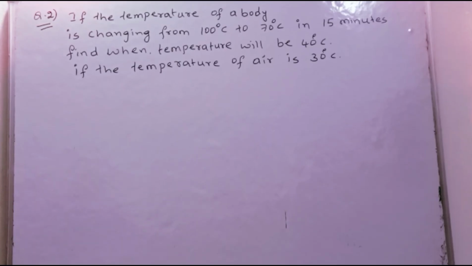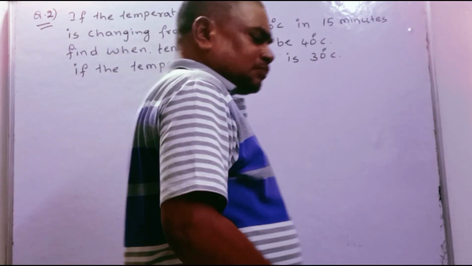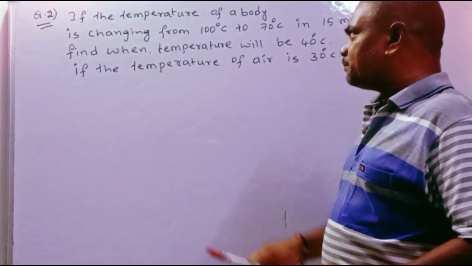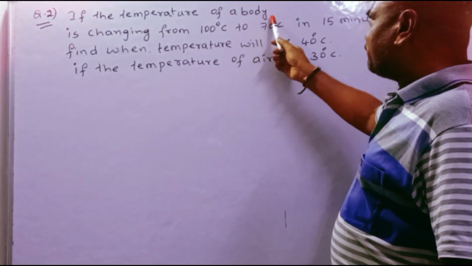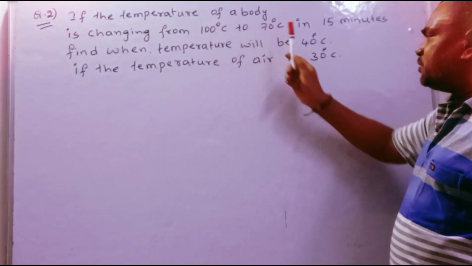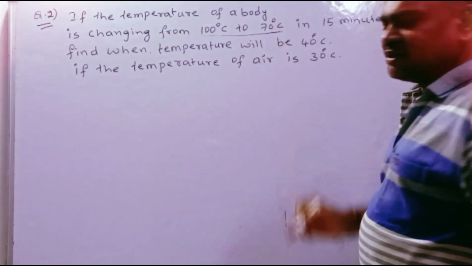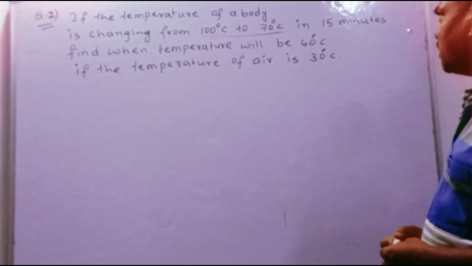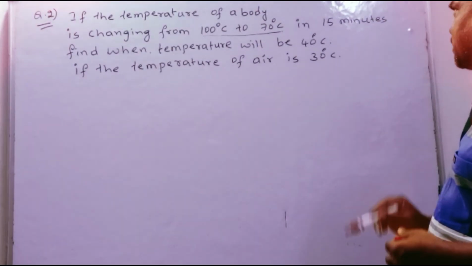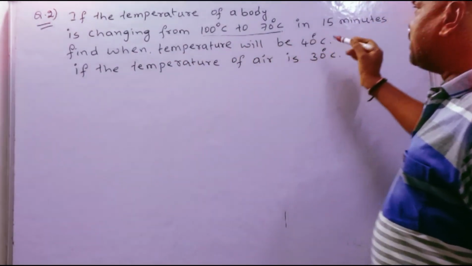Here, one more problem on Newton's law of cooling. If the temperature of a body is changing from 100 degrees centigrade to 70 degrees centigrade in 15 minutes, find when the temperature will be 40 degrees.